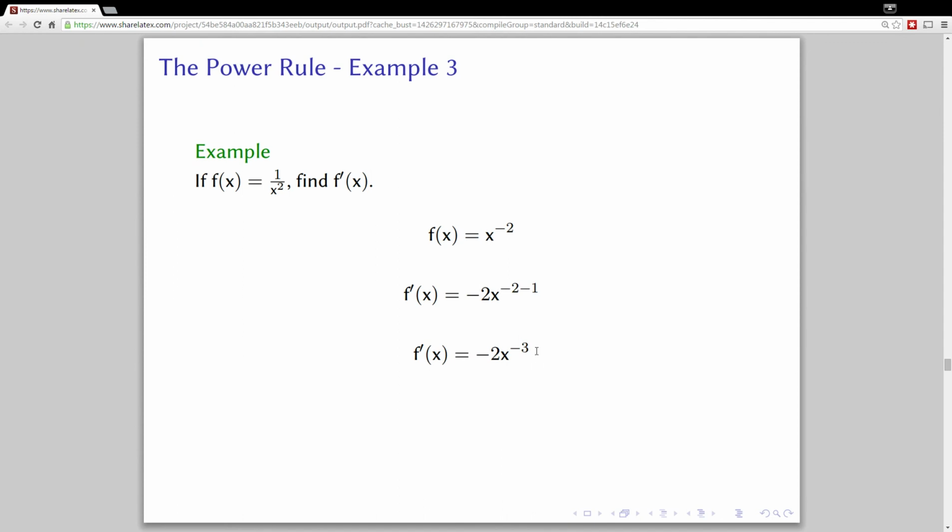But again, later on, we'll have to simplify these things and get rid of the negative exponents, so go ahead and practice that. To get rid of the negative exponent, I would just bring that x to the -3 down to the other side of the fraction bar. In doing so, the power should be a +3 when it's written down on the bottom. So here is the answer completely simplified without negative exponents.